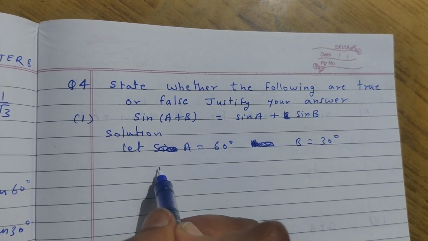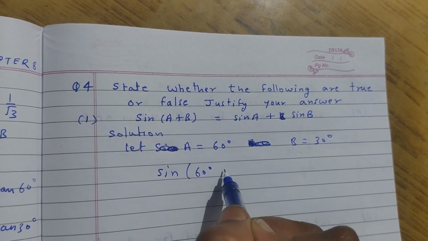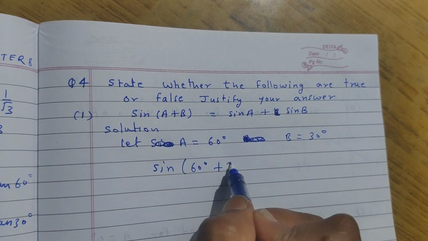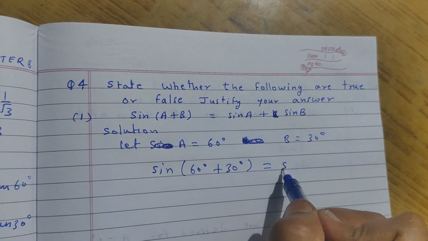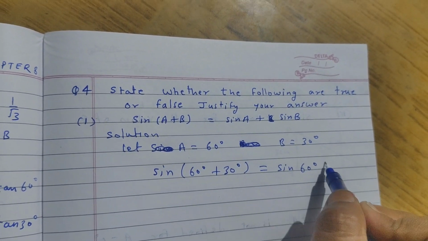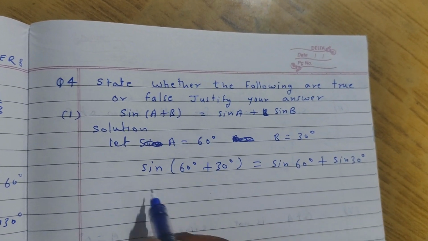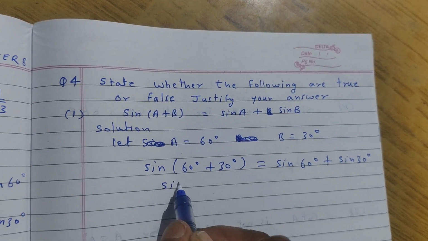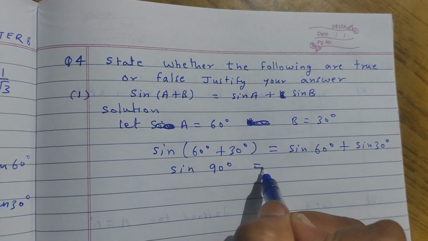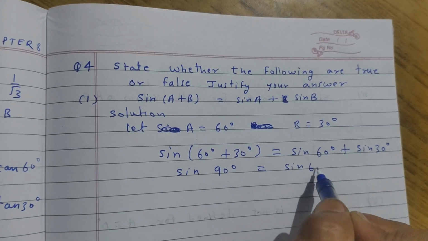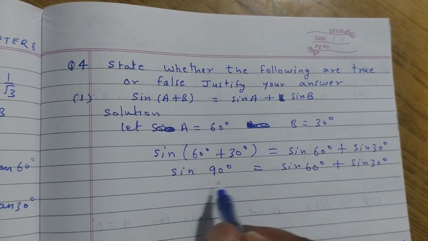So here sin(60 degrees plus 30 degrees) is equal to sin 60 degrees plus sin 30 degrees. Sin(60 plus 30) is sin 90 degrees, which is 1.